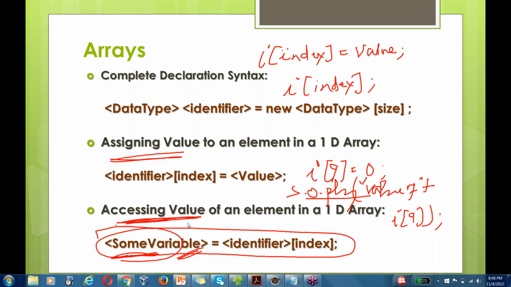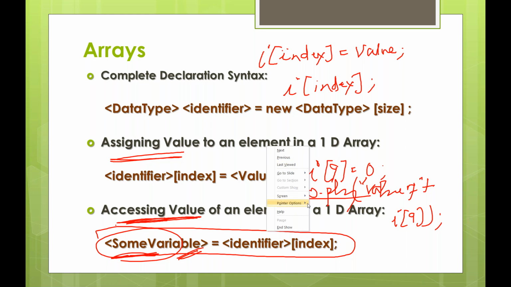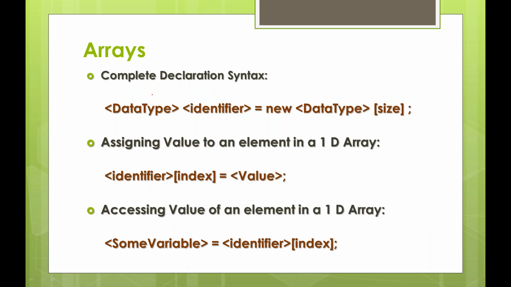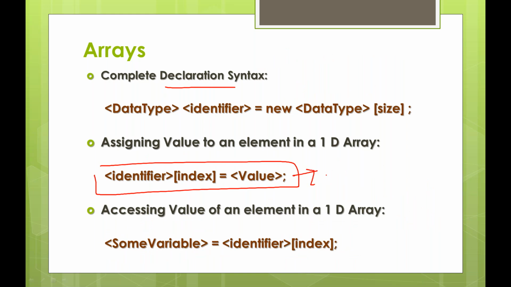So what Teja is asking is, let me erase all these things. Whatever we did, we declared and created a variable, and then we assigned individual values. There is also something called array initialization. How do you do that?